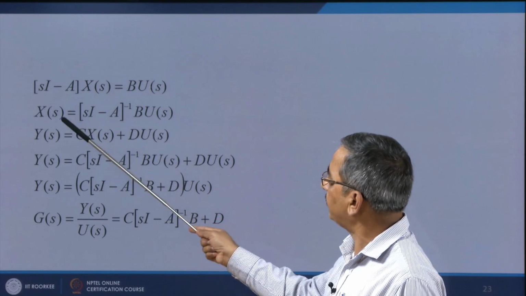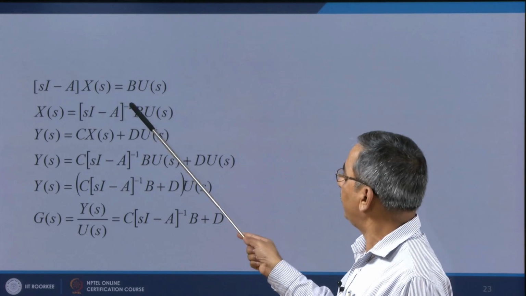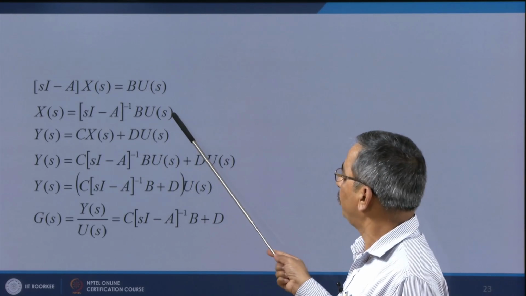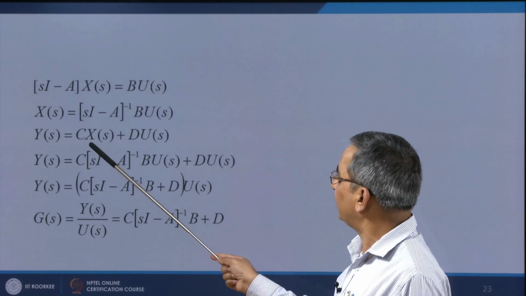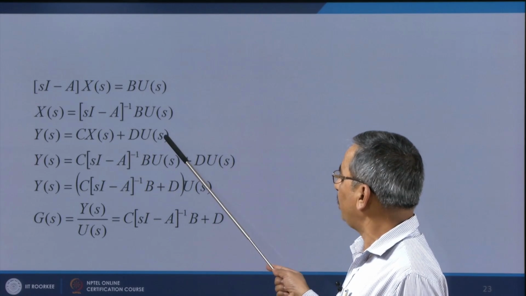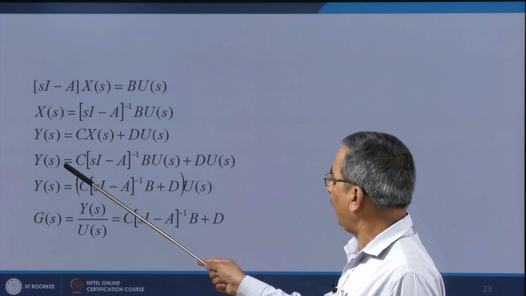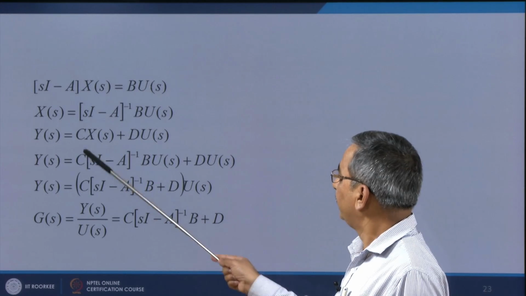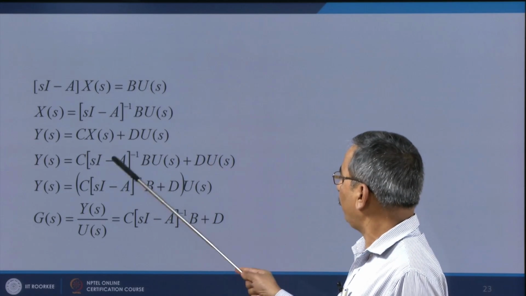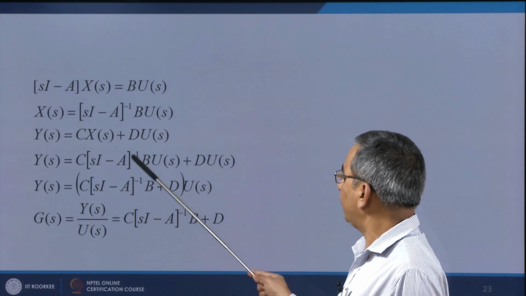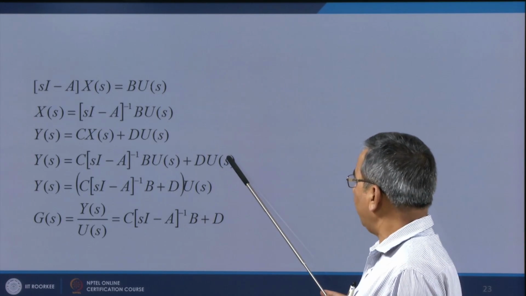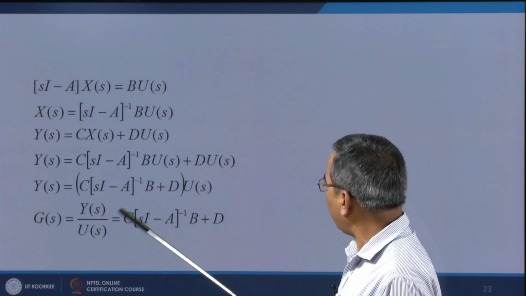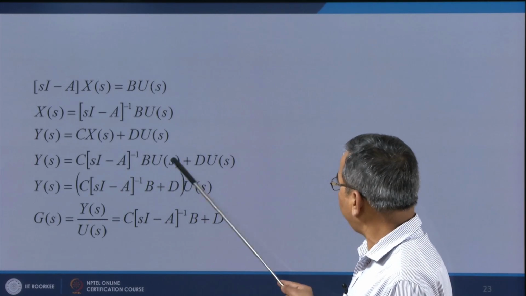So, I get X(s) equal to (sI minus A) inverse into BU(s). And you know our Y(s) relation is CX(s) plus DU(s), so I can substitute X(s) from here: Y(s) is equal to C (sI minus A) inverse into BU(s) plus DU(s), and I can take U(s) outside.